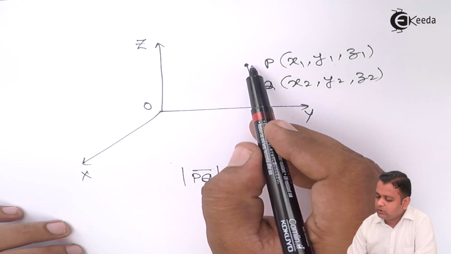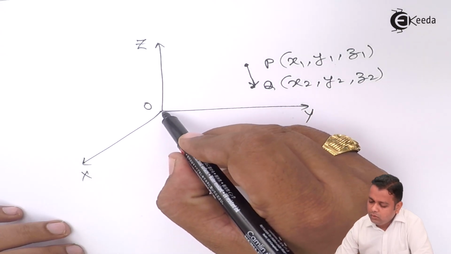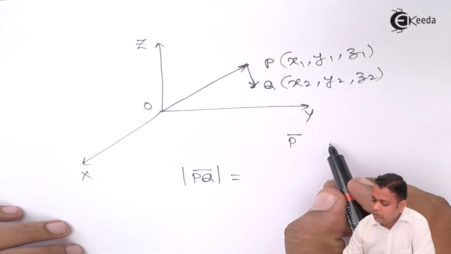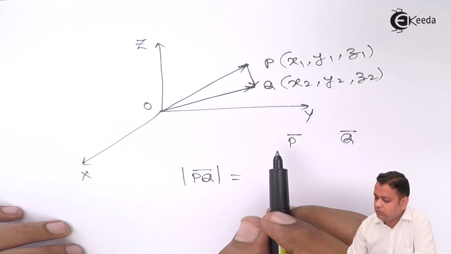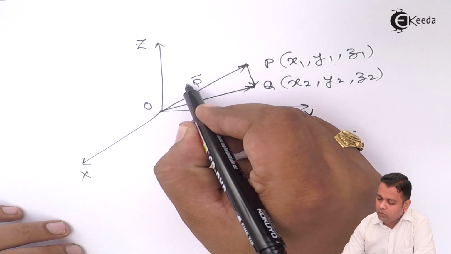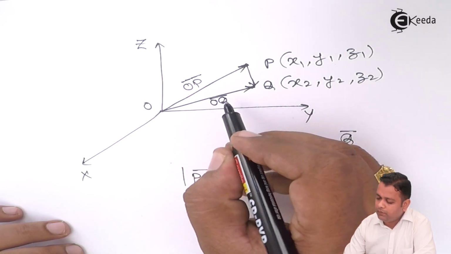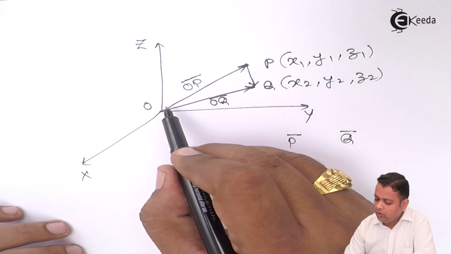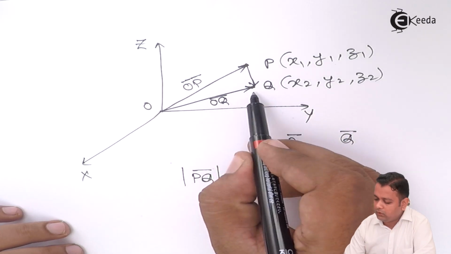Here first of all P bar as a vector we can take, which is nothing but origin to point P. Q bar as a vector we can take, which is from origin to Q. So here if you see, this is P bar or OP bar, this is OQ bar or simply Q bar. These are the two vectors. By the triangle law of addition we can see OP bar plus PQ bar is equal to OQ bar.